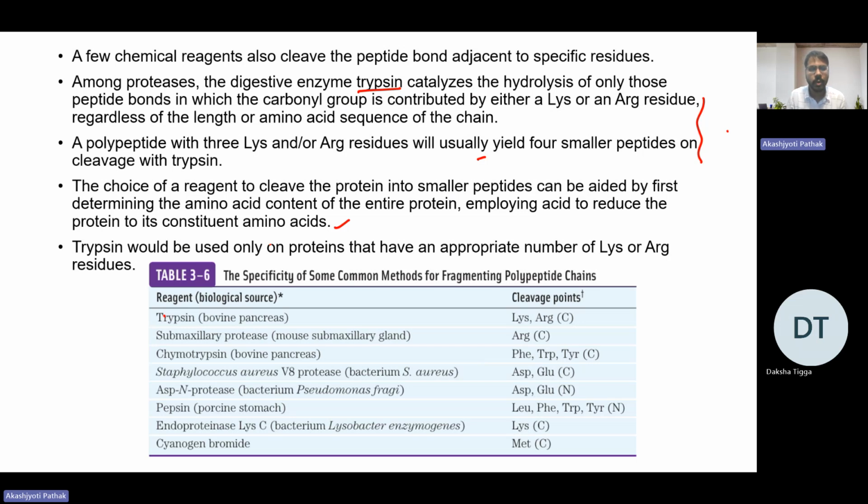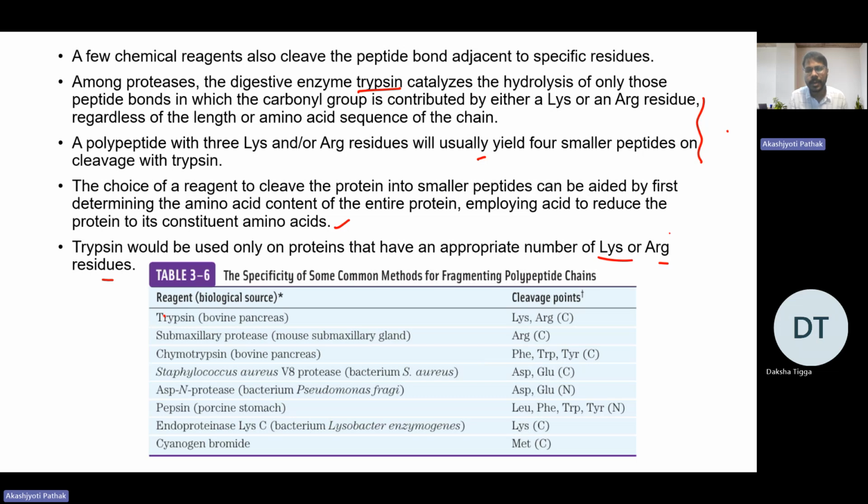This trypsin would work only on proteins that have an appropriate number of lysine or arginine residues. So that is why you must know the sequence of the amino acid residues in your protein. If your protein does not have any lysine or arginine residues and you are treating this protein with trypsin, then what will happen?